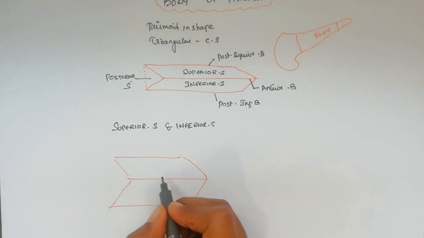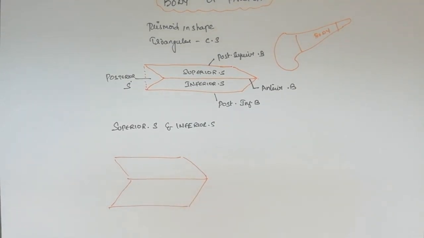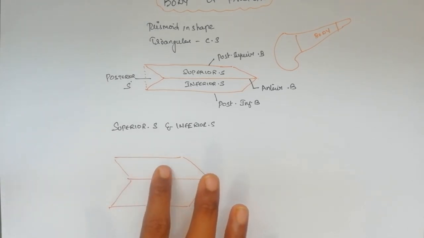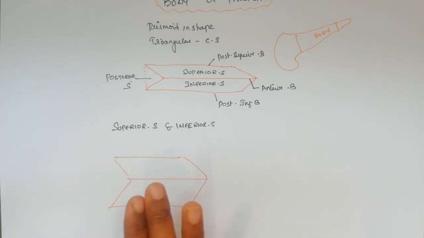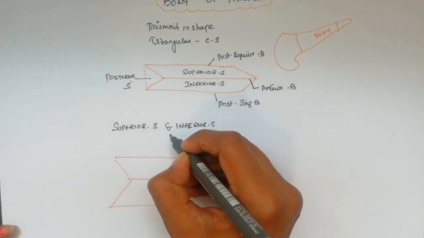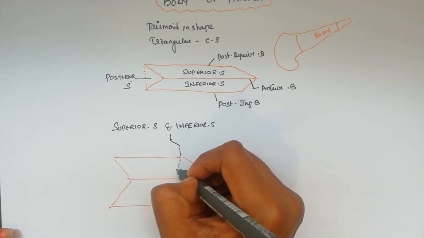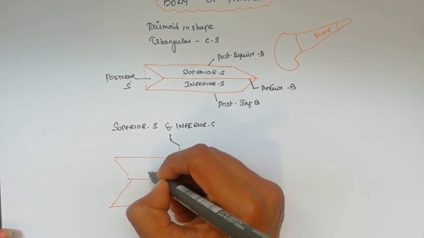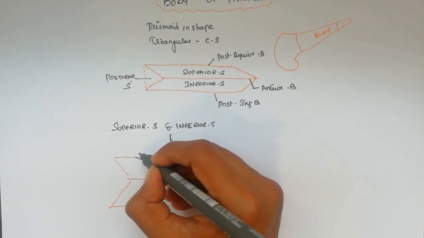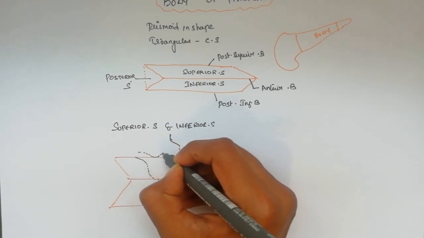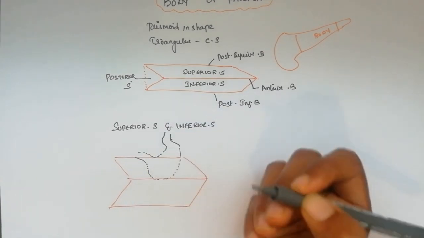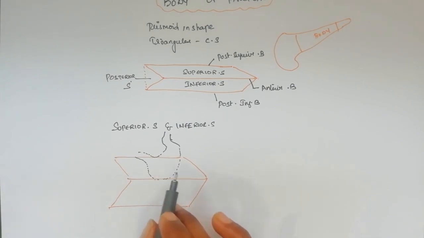In the superior surface we have got our stomach related. The anterosuperior surface of the pancreas body is related to the stomach. The posterior inferior surface of the stomach is related to many structures, the stomach bed.